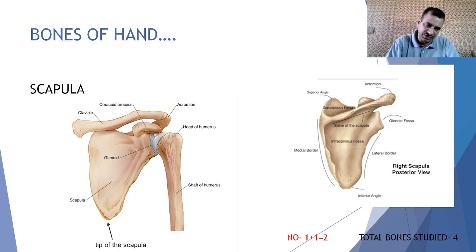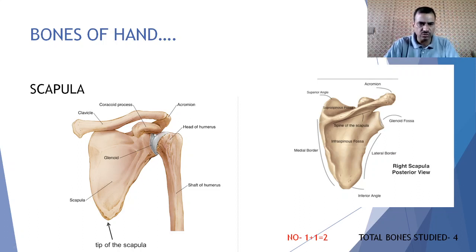What are the important features? In important features we can see here that this bone is roughly triangular in shape. At one side it has a pit-like structure that is known as glenoid cavity. In this glenoid cavity the head of humerus fits to form the shoulder joint.